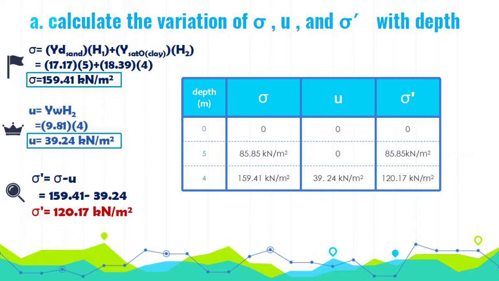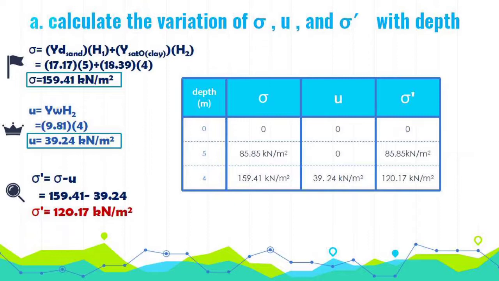Substitute 17.17 kilonewtons per cubic meter for the dry unit weight of sand and 5 meters for h sub 1, 18.39 kilonewtons per cubic meter for the saturated unit weight of clay and 4 meters for h sub 2. Substituting all the values to our formula, we have the value of the total stress to be 159.41 kilonewtons per square meter.